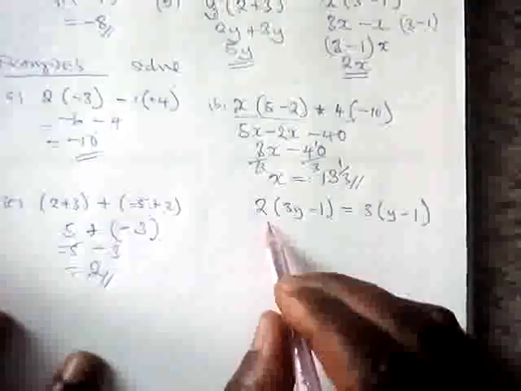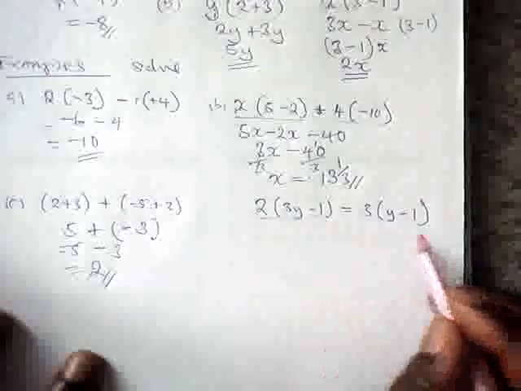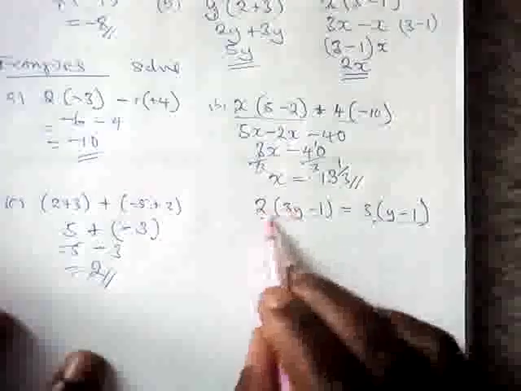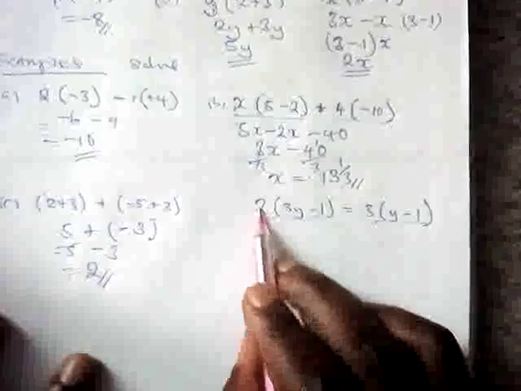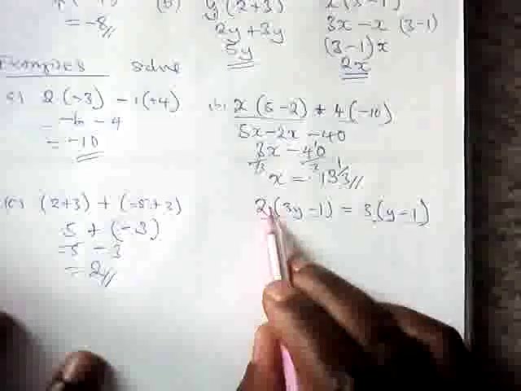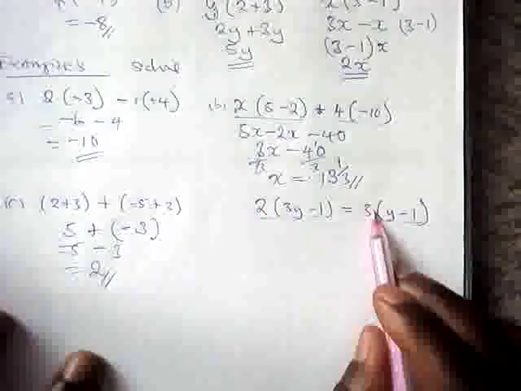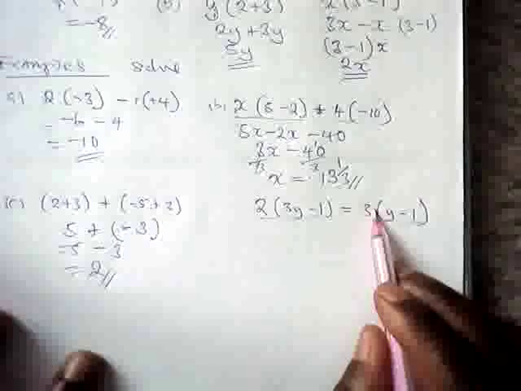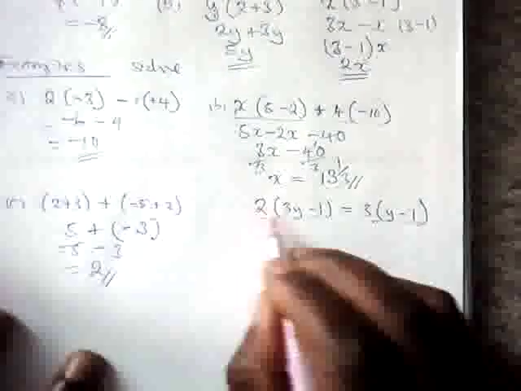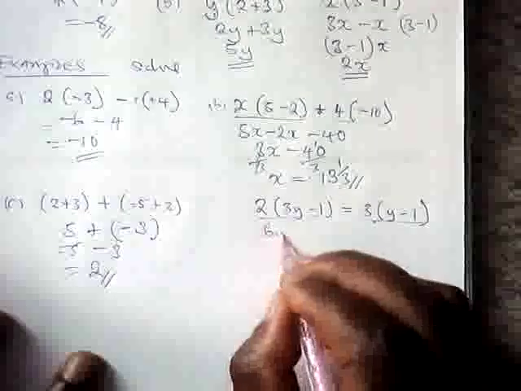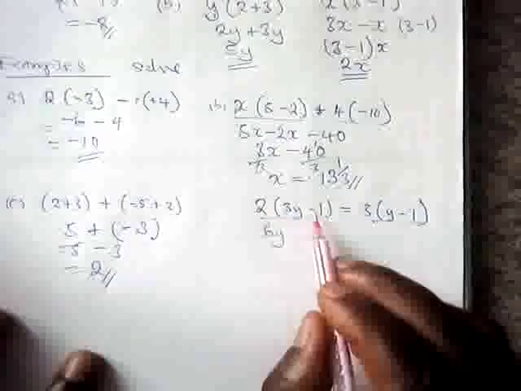This one, as usual, will be done separately. So this is multiplication, removing brackets, because we have 2 here, we don't have plus or minus in between. So this times this, we expand, that is 6y. Then 2 times negative.